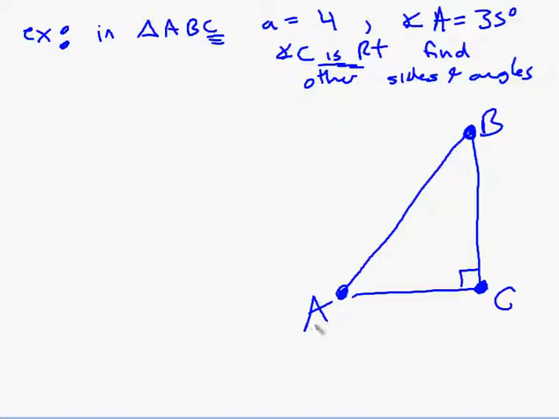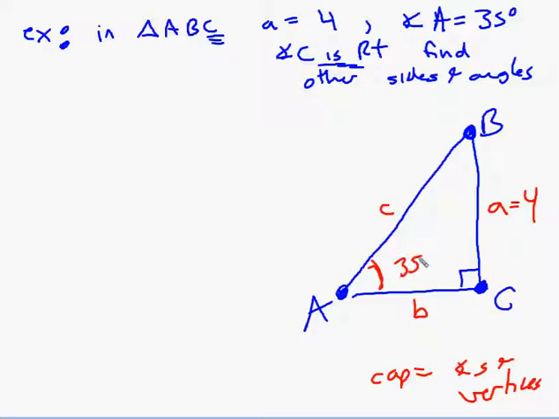So notice how I used the capital letter to mean the vertex. So caps equal angles and vertices. The lowercase, see this would be little a. You see how it's across? And little b would be across from the capital B. And little c would be across from this capital C. You see what I mean? So we're saying that this is 4. And this angle right here is 35 degrees.